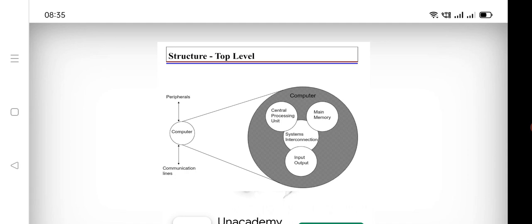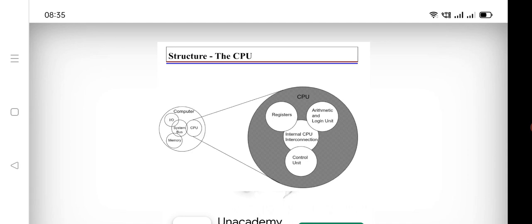And all these components are interconnected. So system interconnection you'll have. As soon as you go with the computer, if you see in the top level, these are the components you are going to see.